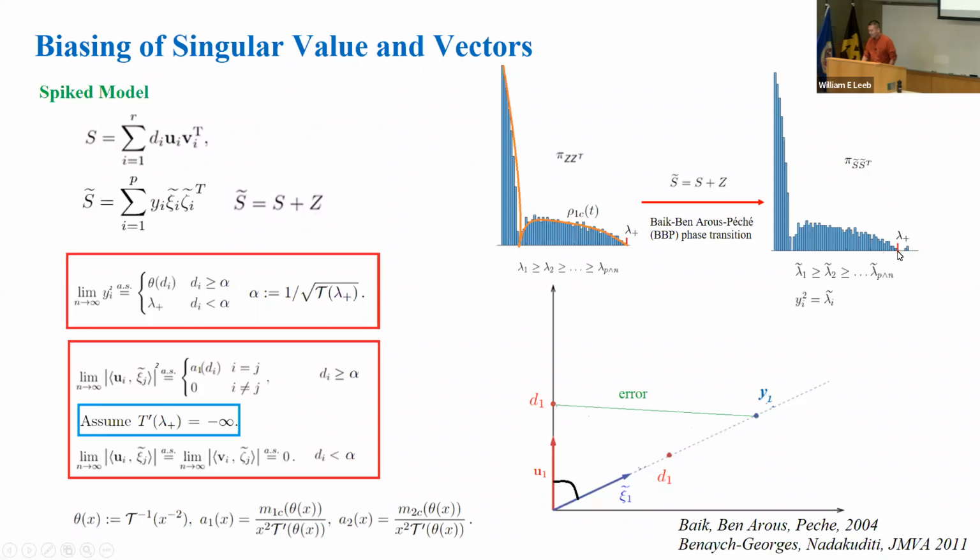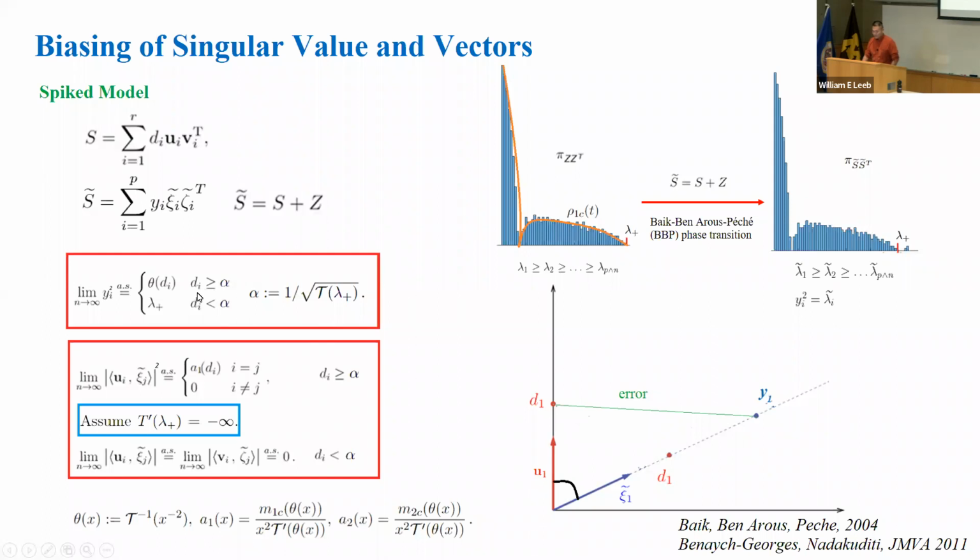If we add the signal to the noise random matrix structure, then you can see there are some singular values that pop out right here, and the others are very similar to the original distribution of the noise-only matrix. Here tilde lambda 1 to tilde lambda p are the eigenvalues of tilde S tilde S transpose. This behavior of the popped-out singular values is called the BBP phase transition.